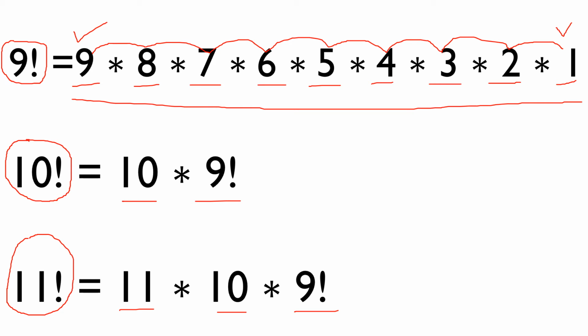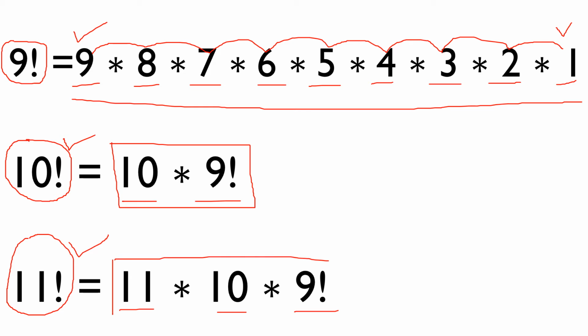Therefore, anywhere we see 10 factorial, we will substitute it with 10 times 9 factorial. And anywhere we see 11 factorial, we will substitute it with 11 times 10 times 9 factorial. So let's see how this plays out.